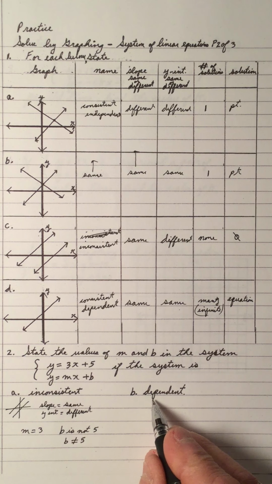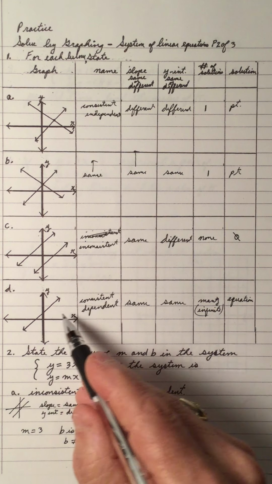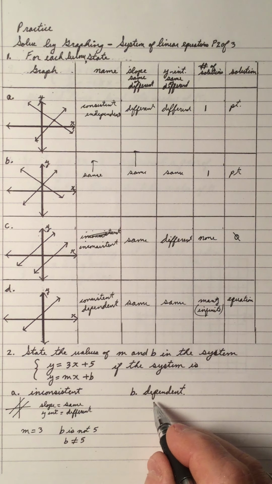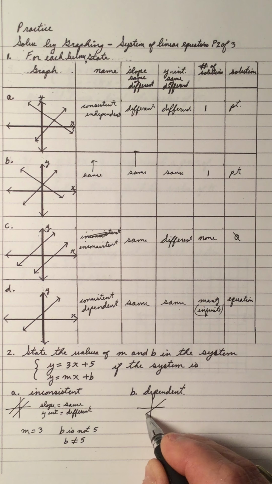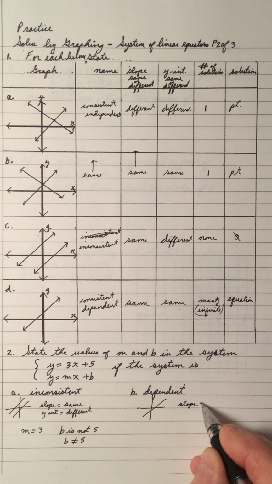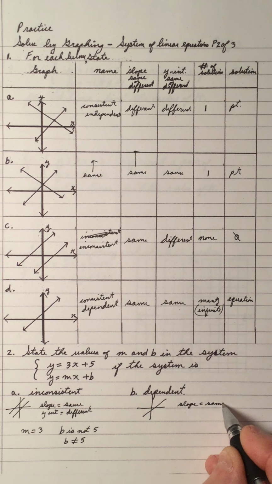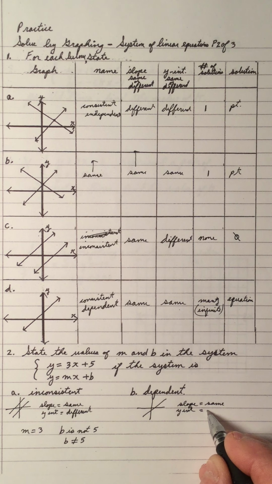Now, a dependent system is consistent dependent. Consistent dependent is this one. So that means you have to only have one line. So that means the slopes are the same and the y-intercepts are the same.